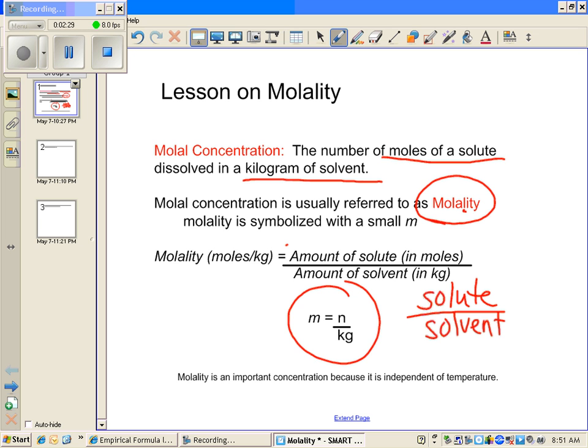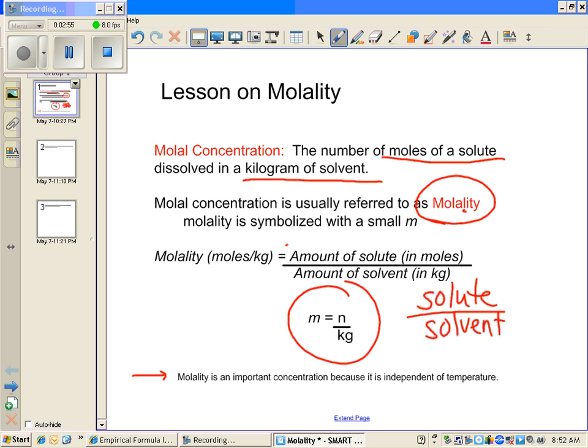As a matter of fact, water is called a universal solvent because it dissolves more things than anything else, because of its polarity. I do want you to notice this. Molality is important because it is independent of temperature. Moles don't change if you change temperature. Kilograms don't change either.